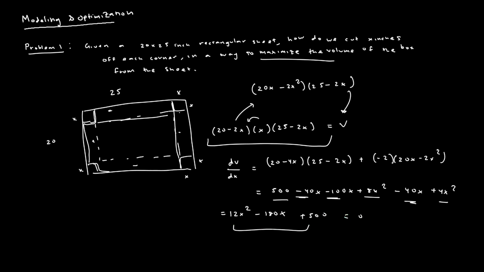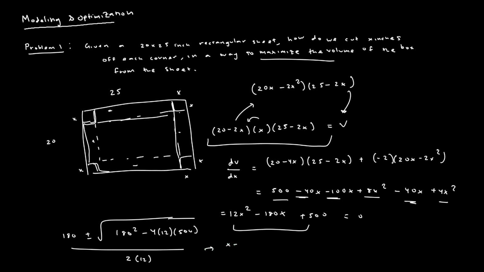To find the zeros of this, we can utilize the quadratic formula. Using the quadratic formula, we have negative b, so 180, plus or minus the square root of 180 squared minus 4 times 12 times 500, divided by 2 times 12. You have to use a calculator to simplify this, and looking at my calculator, I'm getting x equal to 3.68 and x equal to 11.32.